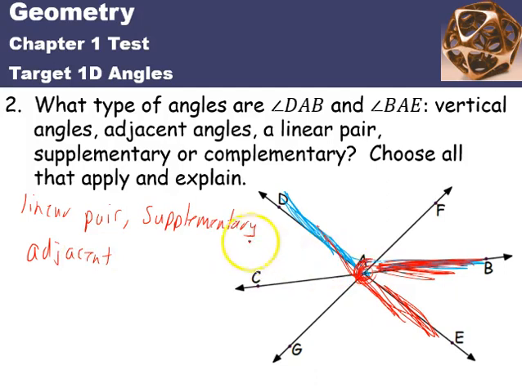Okay, remember complementary adds up to 90, and vertical angles make an X. There's not an X in this picture. Well, there is an X, but not out of the blue and the red lines.